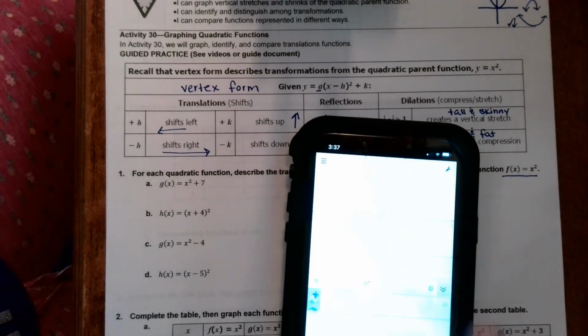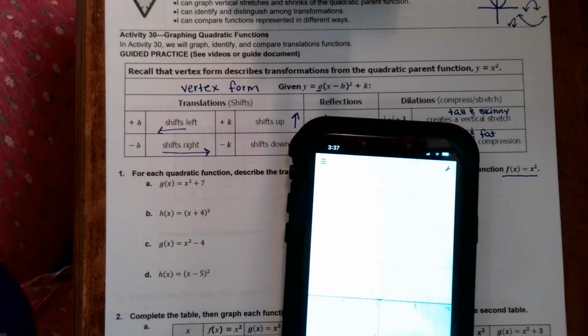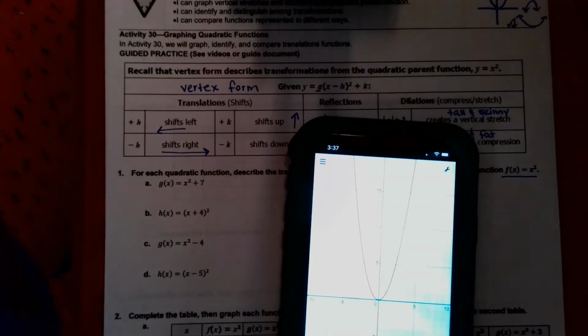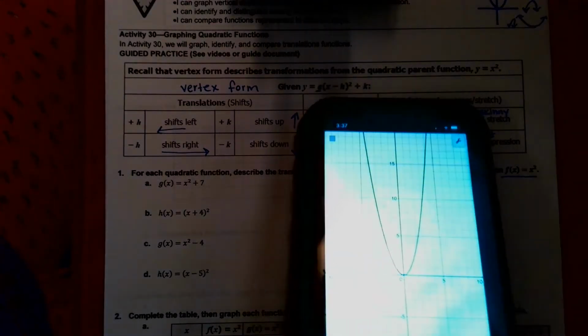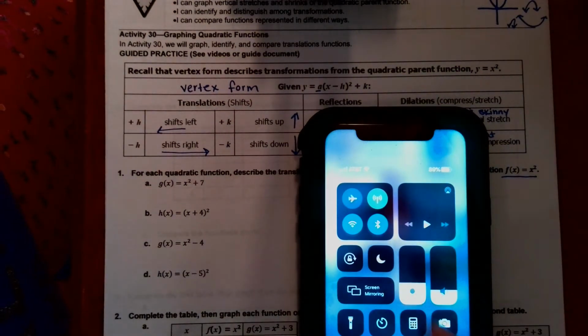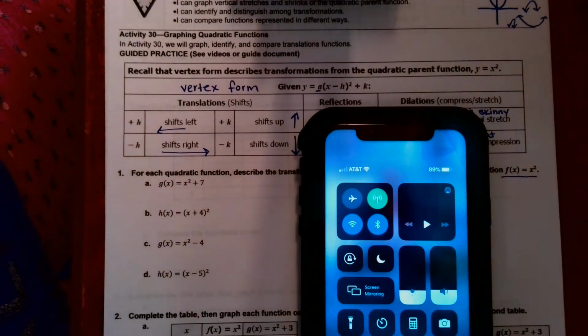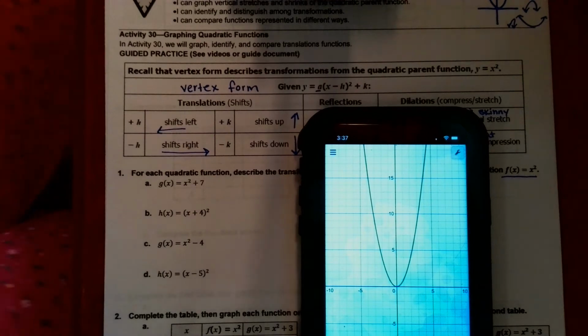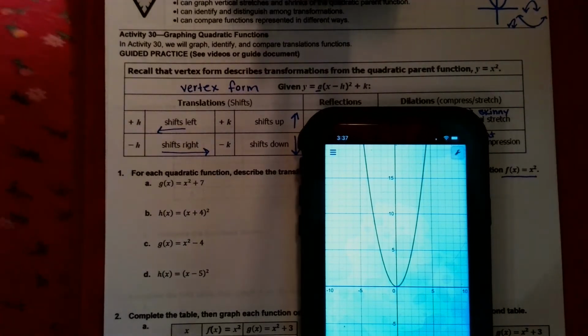I'll change the brightness on here. That's much better. Okay, so this is the graph of x squared.